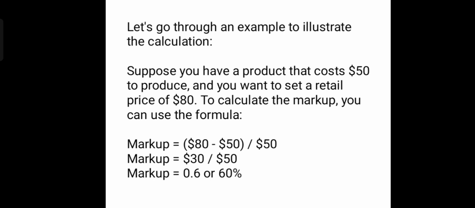Suppose you have a product that costs $50 to produce and you want to set a retail price of $80. To calculate the markup, you can use the formula: markup equals $80 minus $50, over $50. $80 minus $50 is $30, divided by $50, so the markup is 0.6 or 60%.